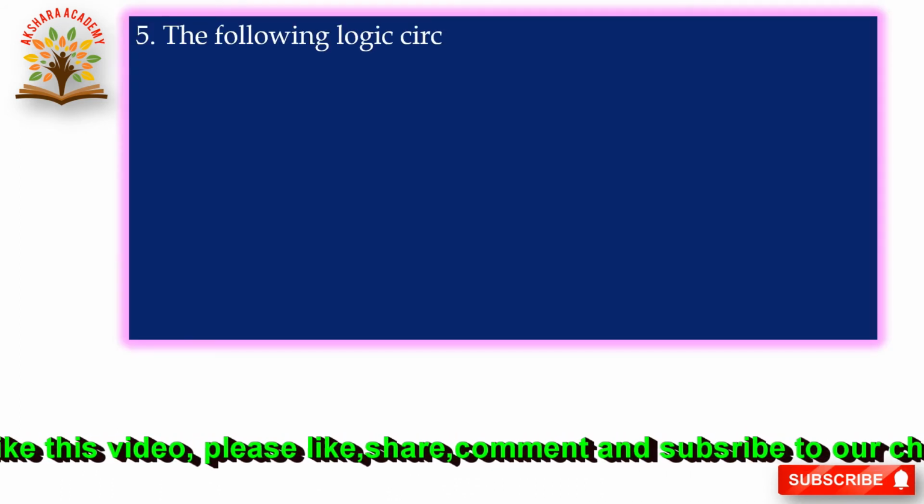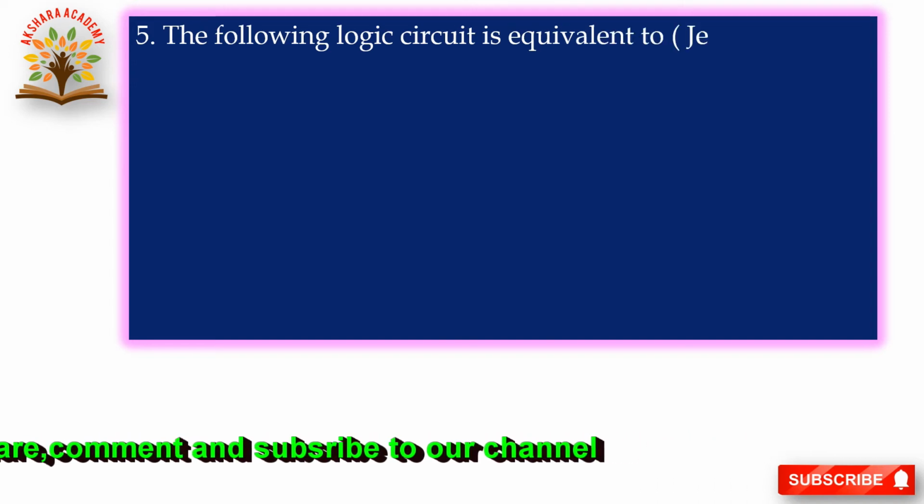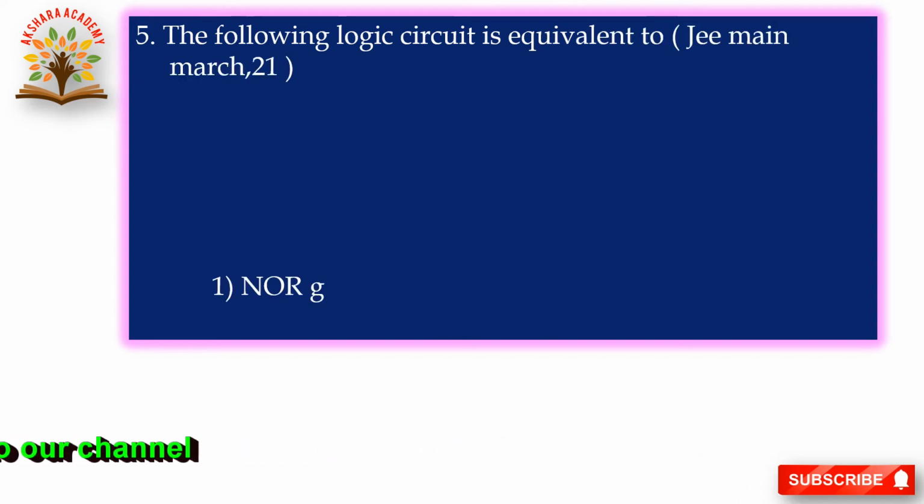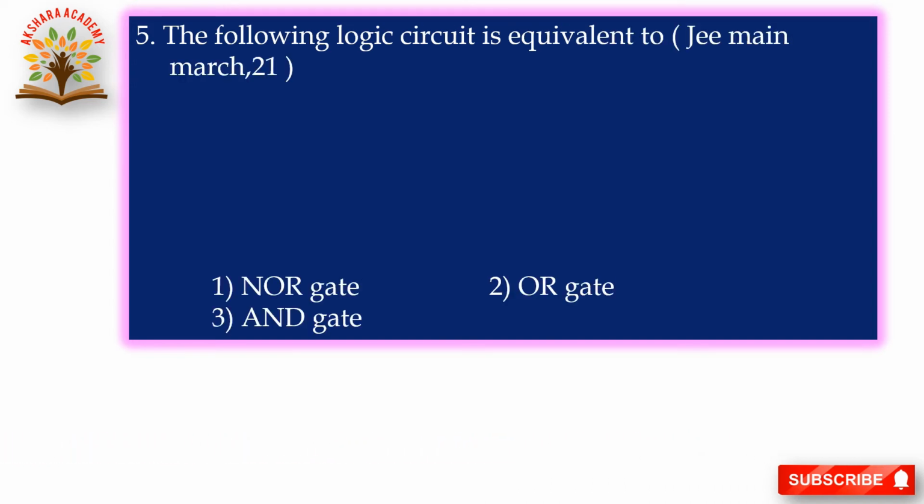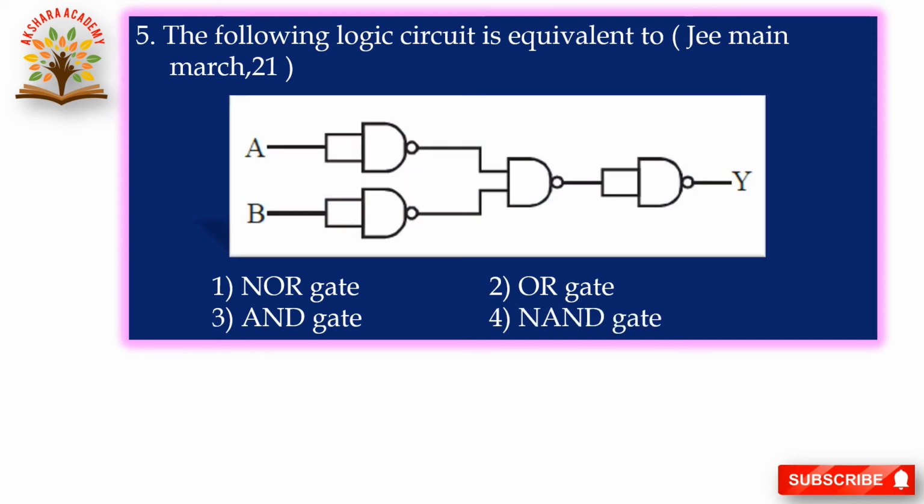The following logic circuit is equivalent to, so this is the logic circuit and this is equivalent to. Now we will discuss. This is NOT and this is A bar, and this is also NOT gate, and this is B bar.